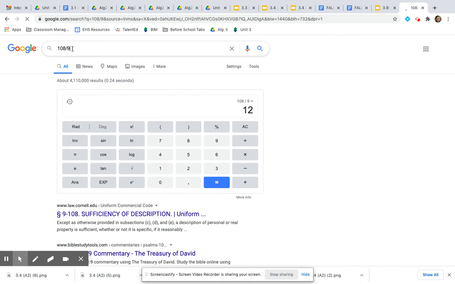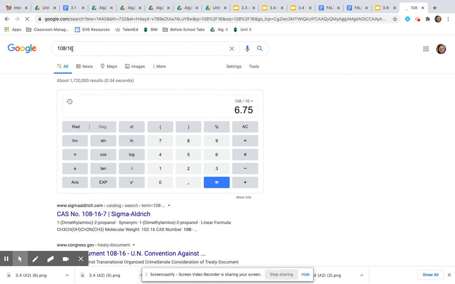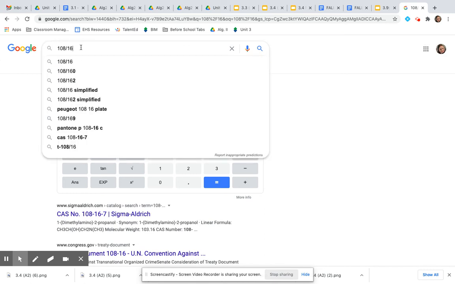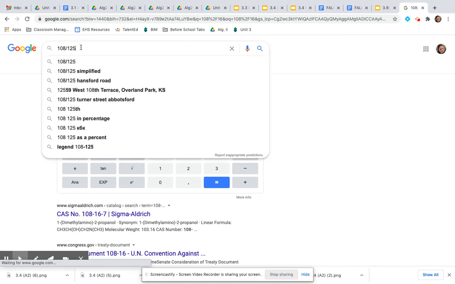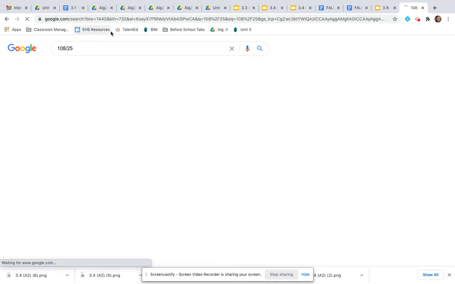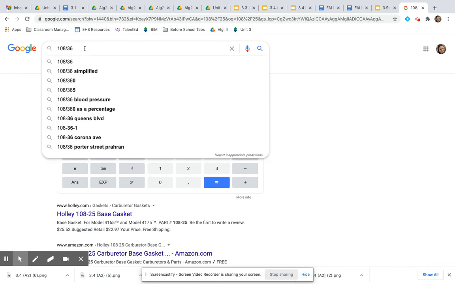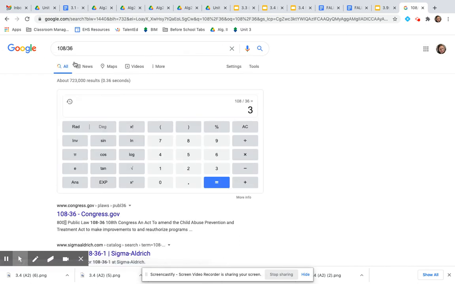Then 3 squared is 9, 4 squared is 16. So I'm going to try 16 next. That doesn't go in nicely. 5 squared is 25. And 6 squared is 36. There we go. 36 times 3 is 108.